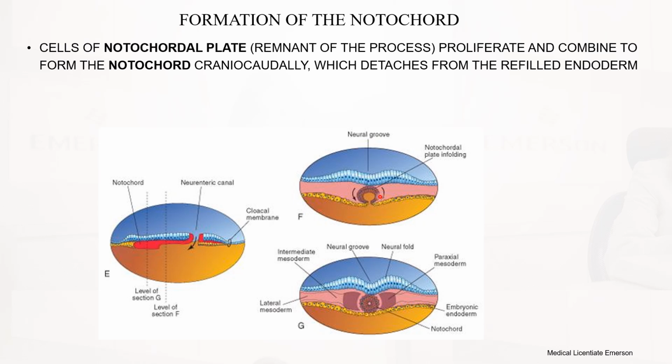So the notochordal plate is infolding, and the endoderm fuses back. This is the formation of the notochord.